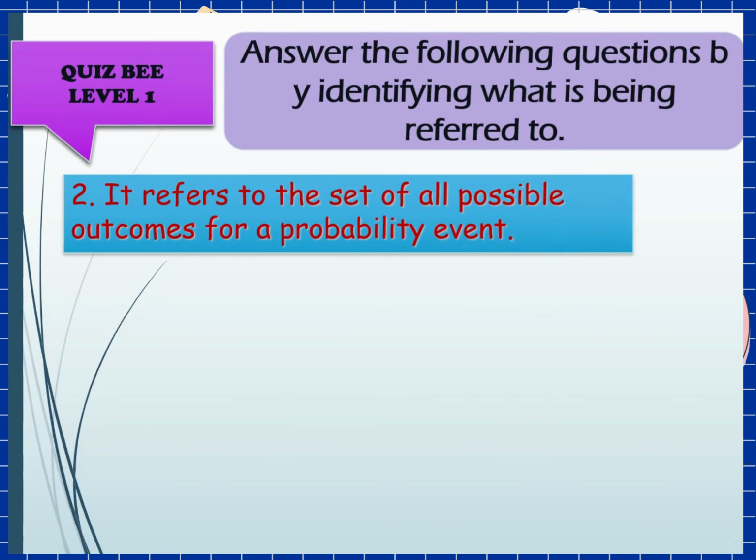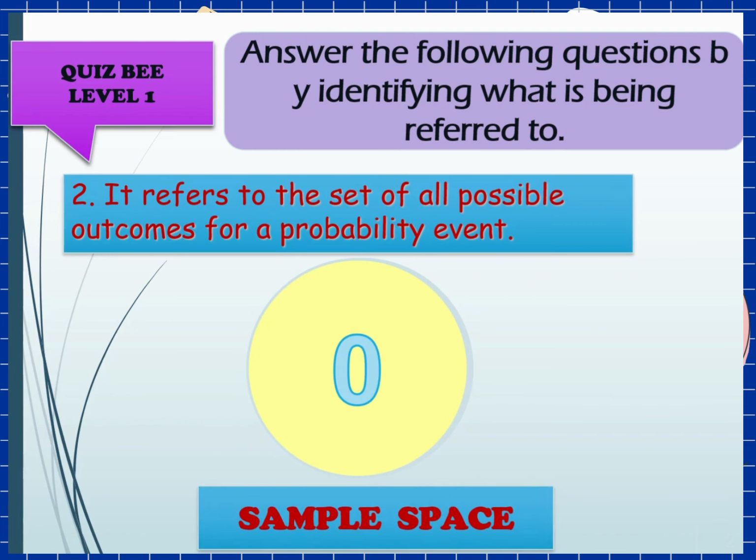Number 2. It refers to the set of all possible outcomes for a probability event. The correct answer is sample space.